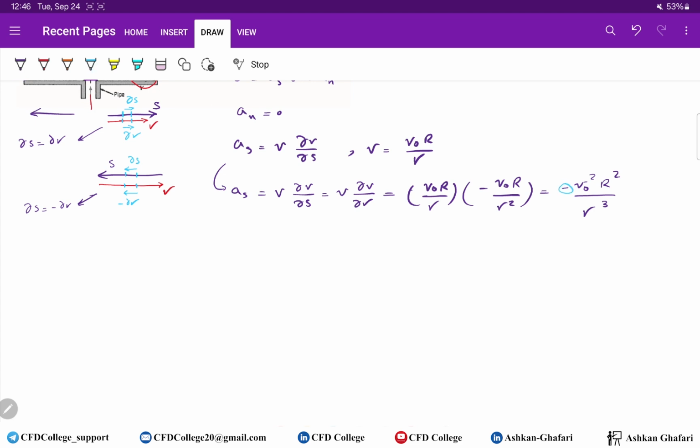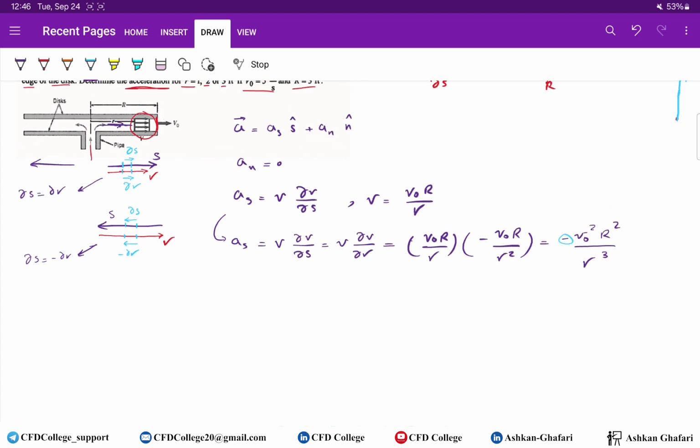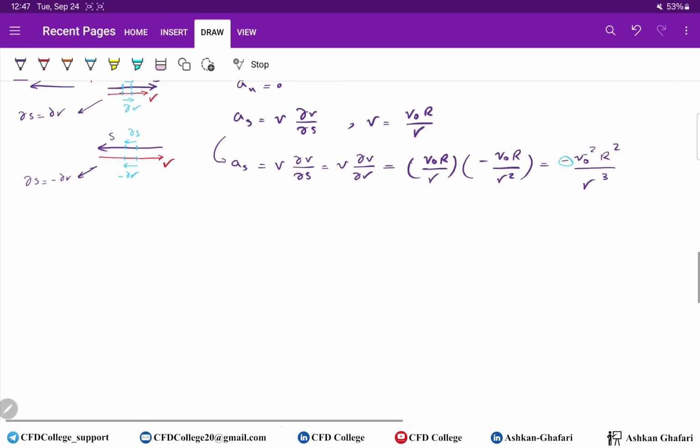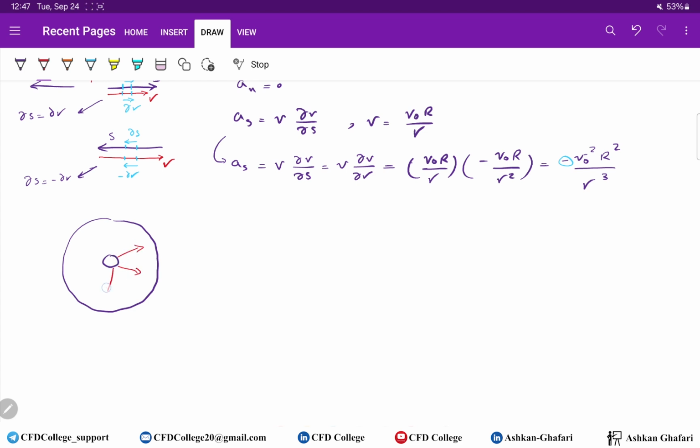Actually, it's negative, meaning that the velocity is decreasing. Why? Because if we look at this system from the top view, this is the pipe and the flow comes from the pipe, and this is the direction of the airflow. As you can see here, this is, for example, A1, and at this section we have A2.